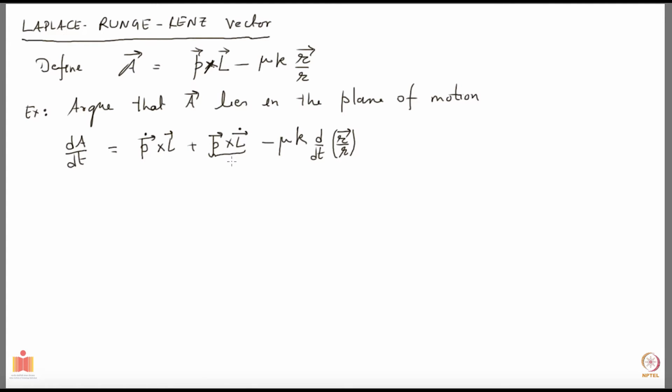Now this one is 0 immediately. Why? Because L is conserved, so dL over dt is 0, and that is what is here. You have L dot, so that is 0, and this is gone.